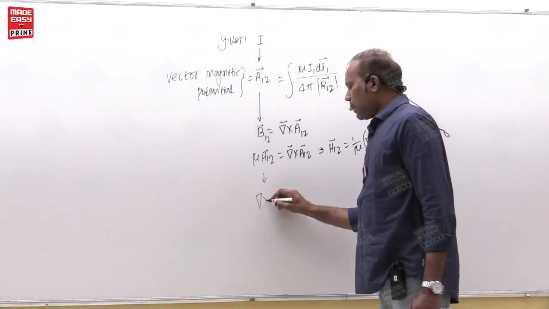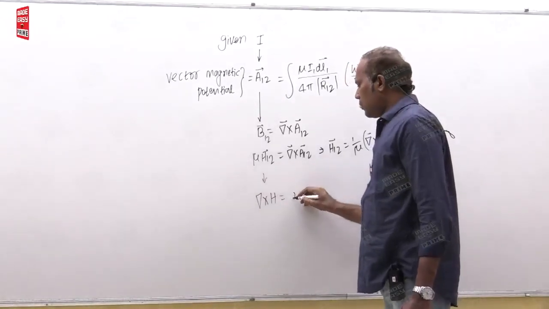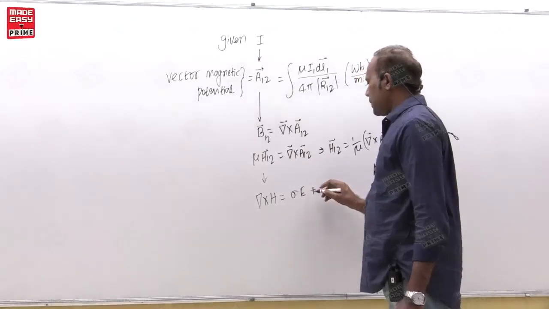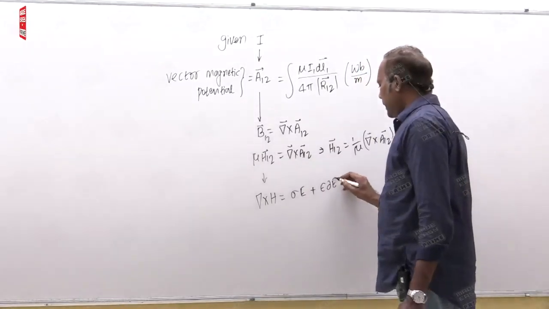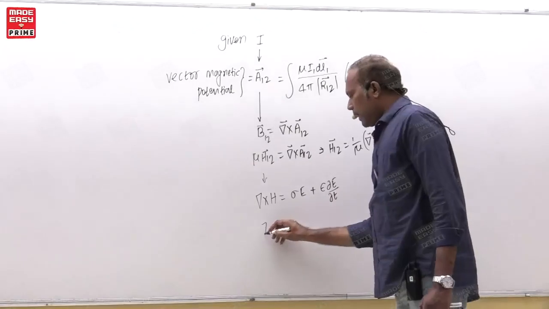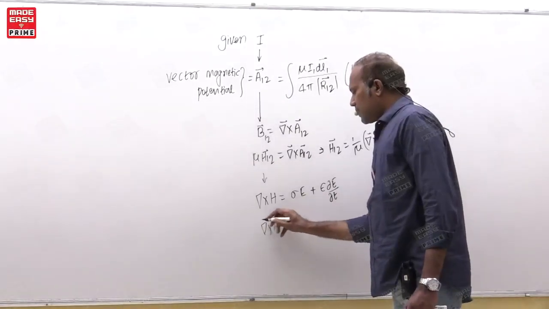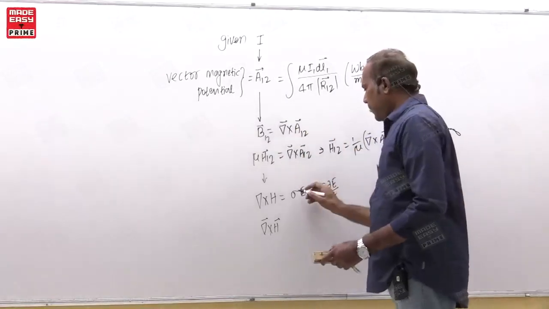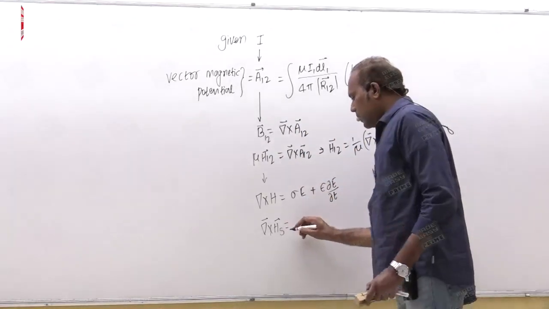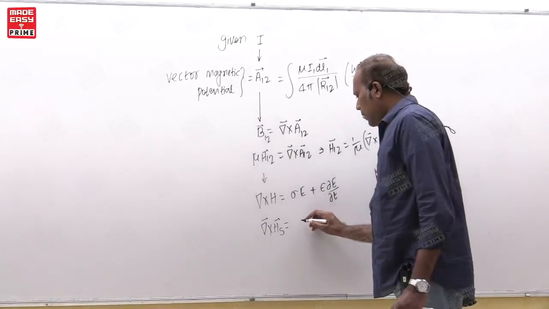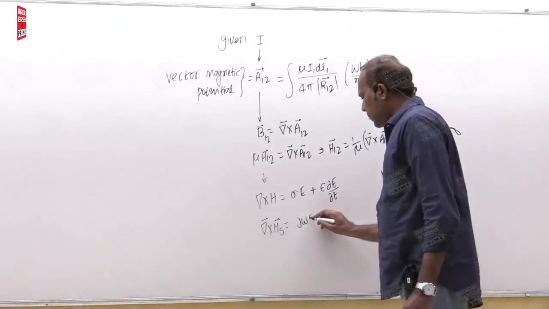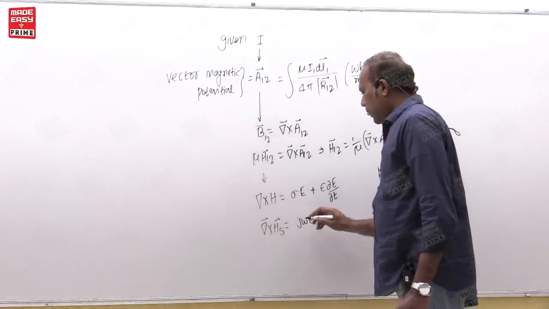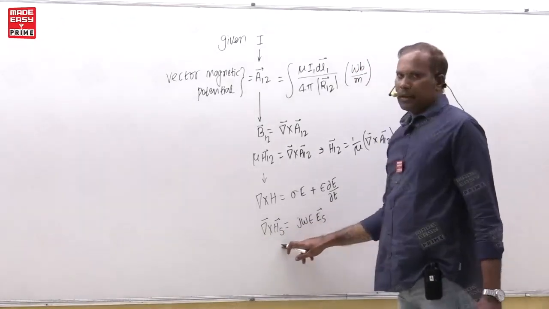Then if you know H bar, then del cross H is equal to sigma E plus epsilon dou E by dou t. It is time domain. For example, if there is an antenna here and it radiates into the air, for air medium sigma is 0. So del cross H is equal to j omega epsilon Es bar, and del cross Hs is the determinant.